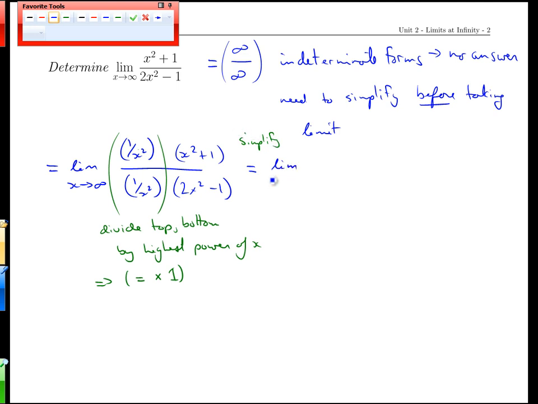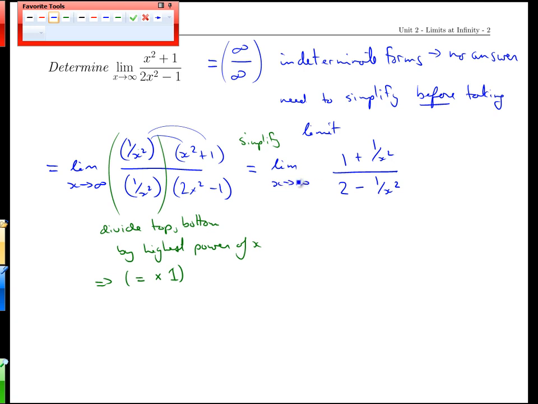So we still have our limit. We still want to know what happens as x approaches infinity, but as we multiply this in, we're going to have a 1 for the leading term here, plus 1 over x squared. And in the denominator, we're going to have a 2 minus 1 over x squared. And now, it may seem like a subtle difference at first, but it has a huge impact on the final calculation.